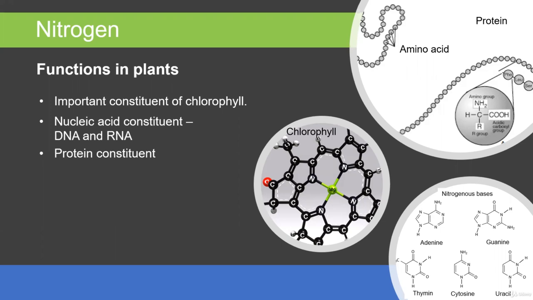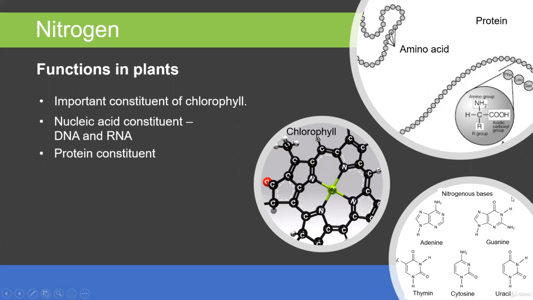It also gives the plant leaves their green color. So nitrogen, as you can see here, the N, not the magnesium here, is a constituent of the chlorophyll molecule. It's also a constituent of the nucleic acids, the DNA and RNA, and is a constituent of proteins, in the amino acids.